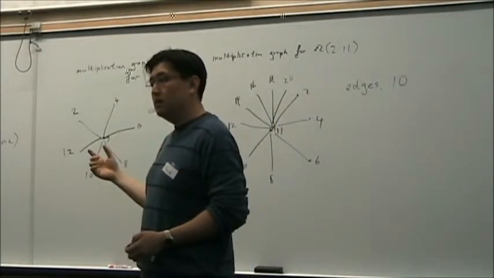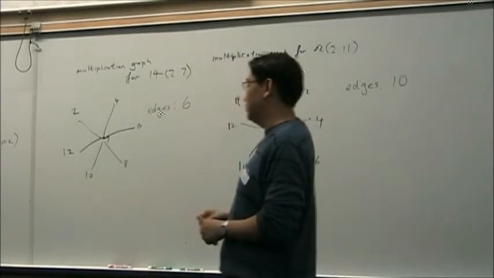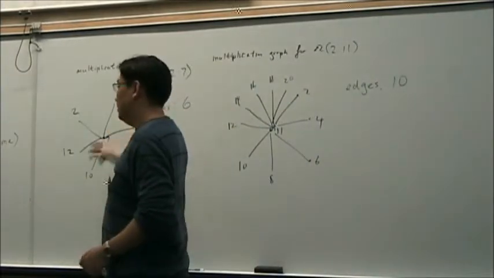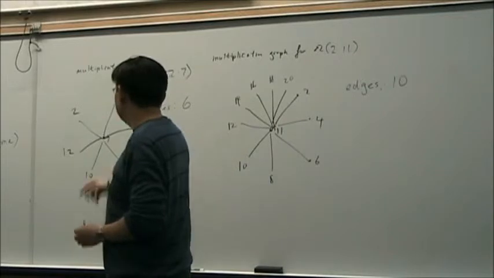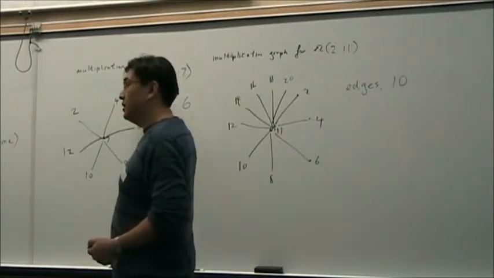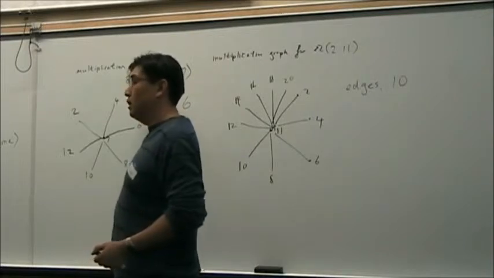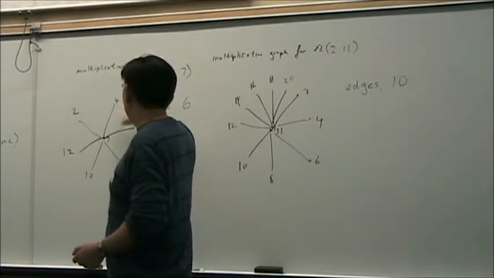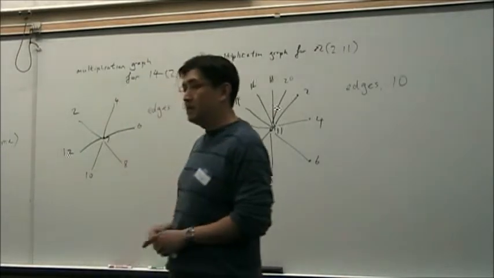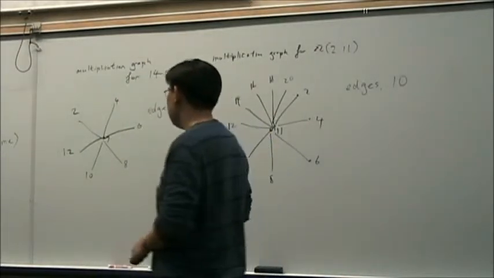Because they're all multiples of 2, right? Specifically, because we're building a multiplication graph, all these edges are formed between pairs of numbers whose product has to be a multiple of the number itself. So all these pairs of numbers have to multiply to a multiple of, for example, 14.